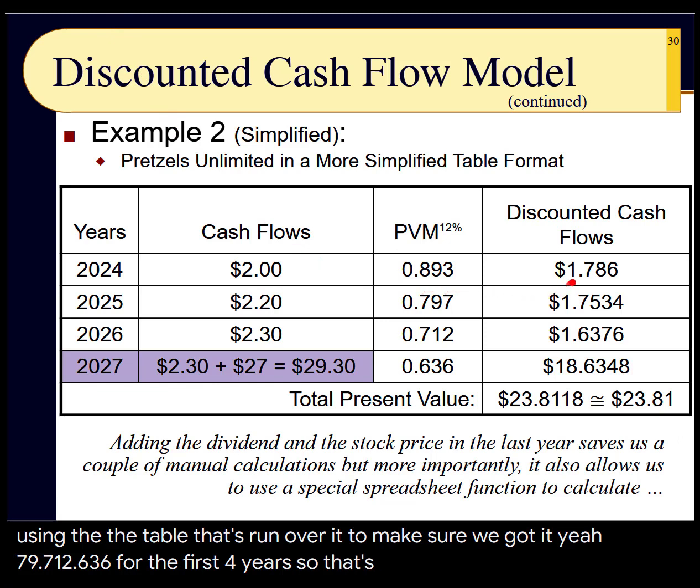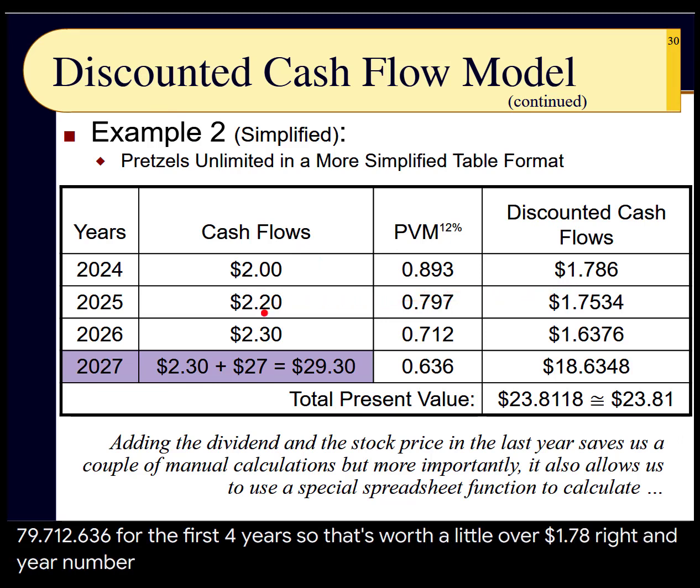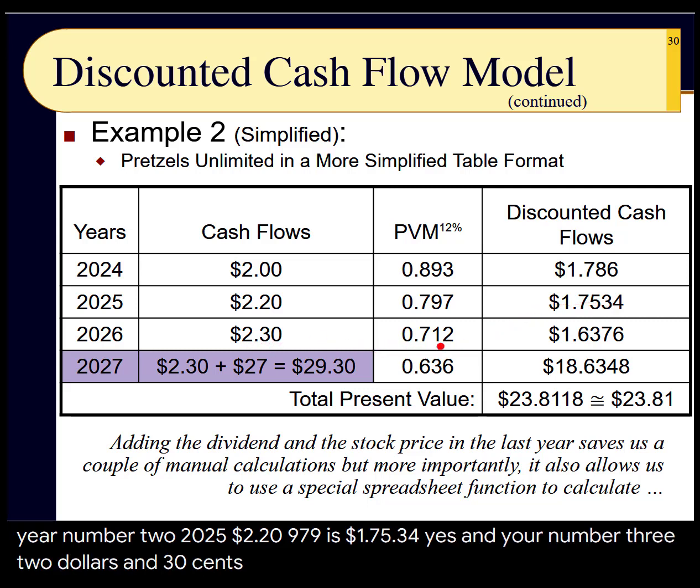So that's worth a little over $1.78, right? In year number 2, 2025, $2.20 times 0.797 is $1.7534. Yes. And year number 3, $2.30 times 0.712, $1.63 is $9.79.